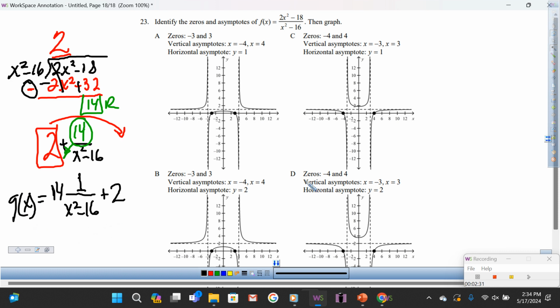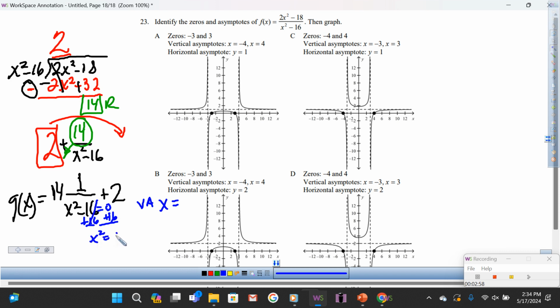Now we can check for our asymptotes. VA, x equals. In this case, you'll notice that we don't have the x in parentheses. Therefore, you set this equal to 0. Remember these? Solve for x, so we add 16, add 16.